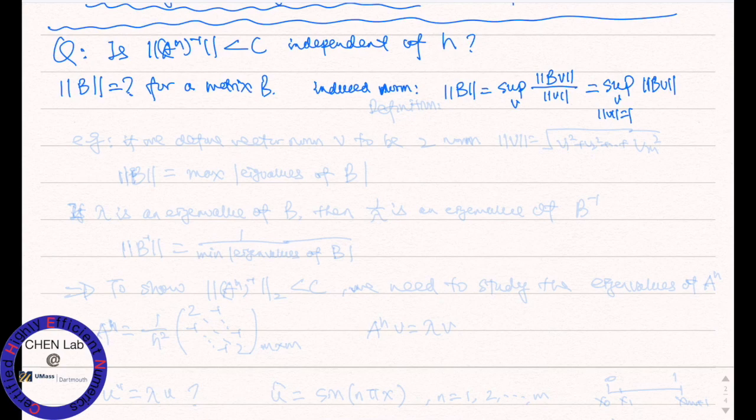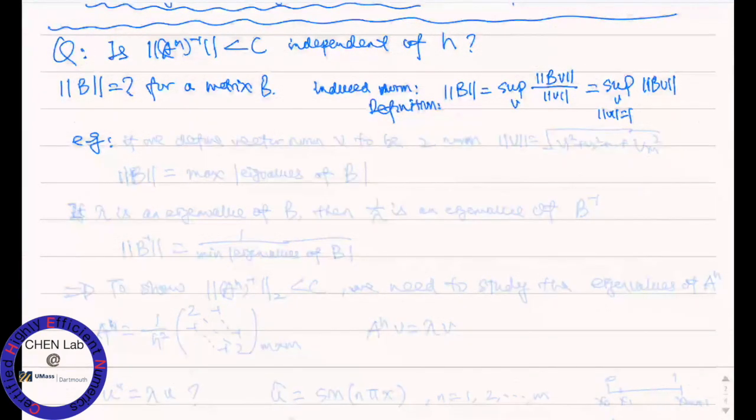So you apply B to a vector of unit length, and the largest possible norm of the resulting vector is, by definition, the norm of B.